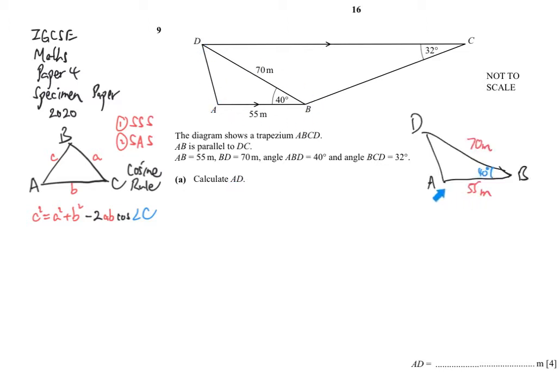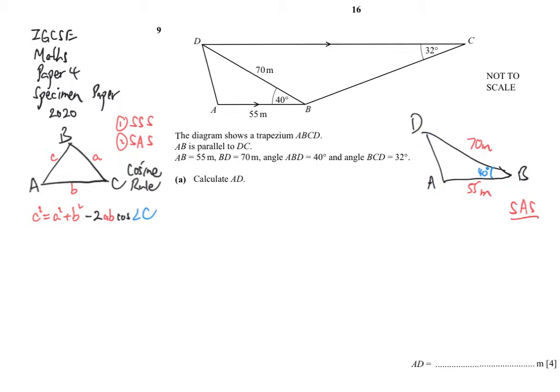When we think about triangle ABD, we know three things: two sides and one angle, and this angle is in between these two sides. So this is an SAS triangle, and we can apply the cosine rule to find AD.